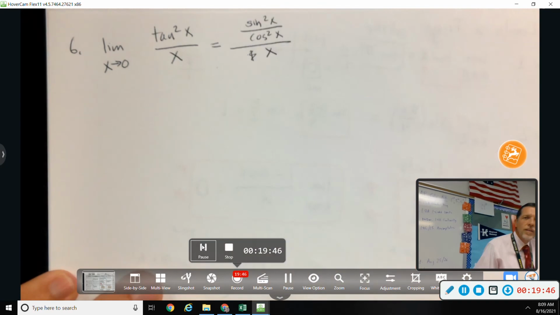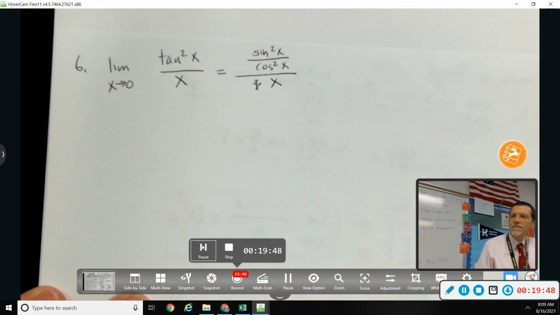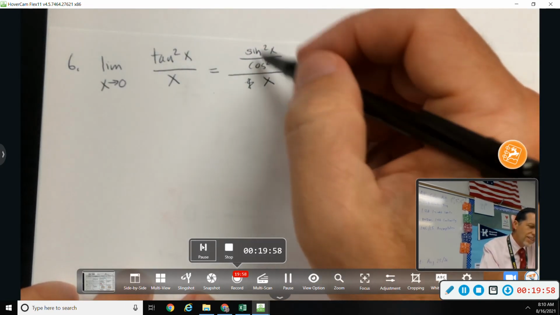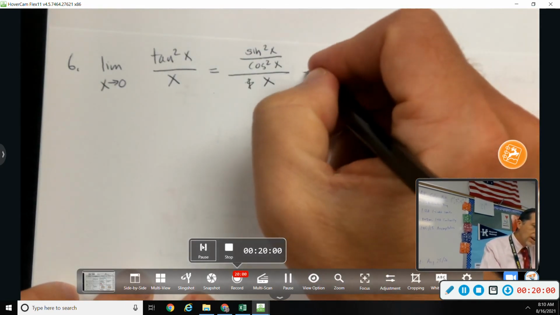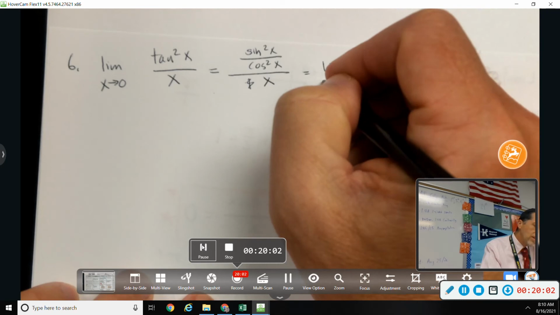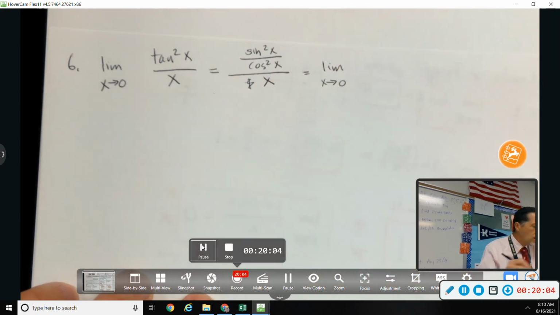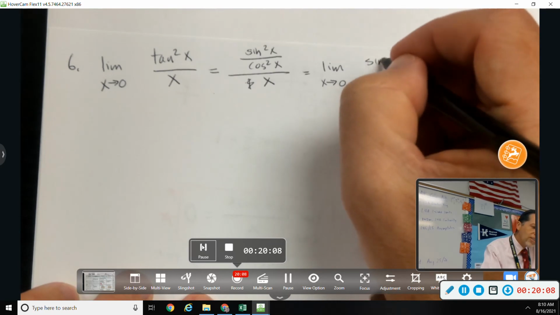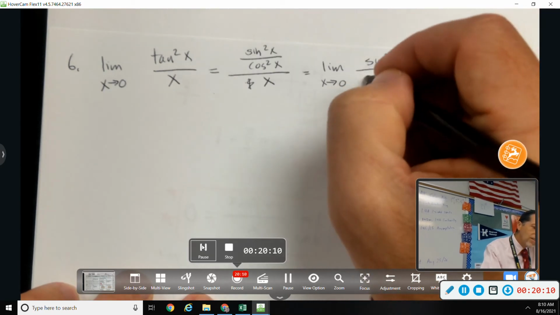Oh, sorry, yeah. And that doesn't really help a whole lot, except that I've got sine of x over x in there, kind of, and I at least know what that limit is. I don't like this fractions and fractions stuff, so I'm going to just kind of rewrite it like this.